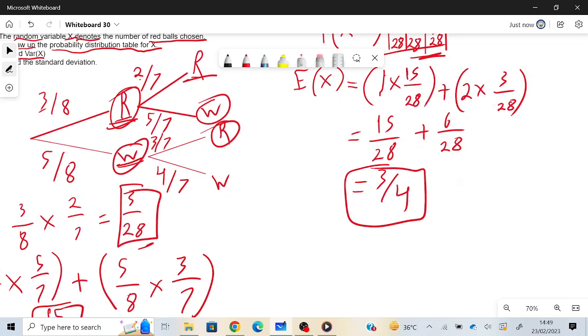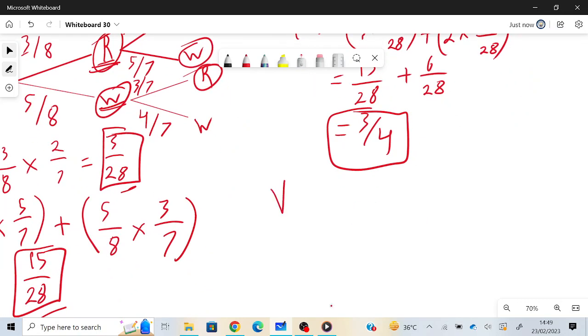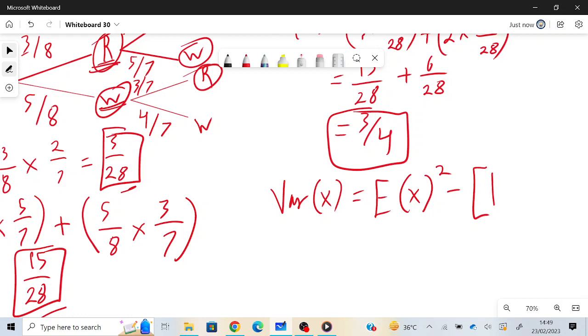And we know that our formula for Var(X) is E(X squared) minus the whole E(X) all squared. So for this part we need to input our X values as squares.